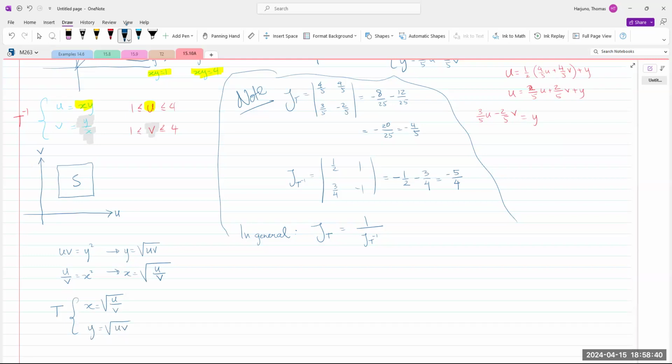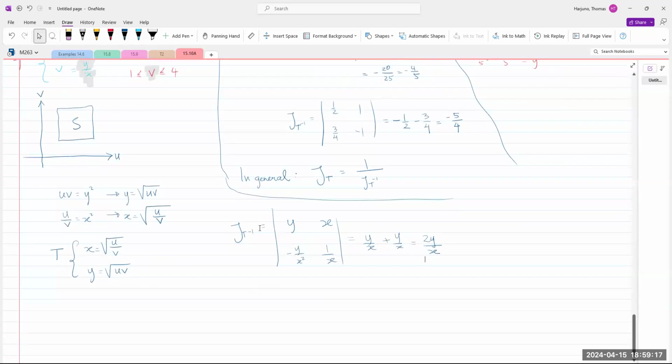Now, out of curiosity, what happened to the Jacobian? Let's take a look at the Jacobian of T inverse. With respect to x, that's y, with respect to y, that's x. With respect to x, that's negative y over x squared, with respect to y, that's 1 over x. So this will be y over x plus y over x, that's 2y over x.